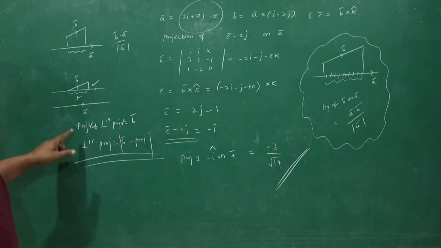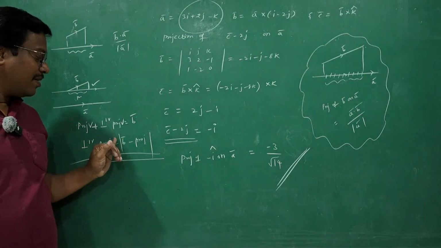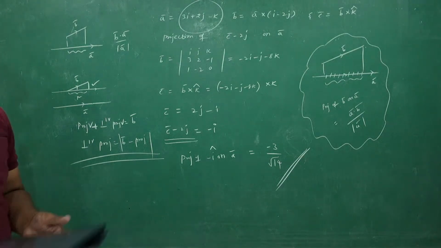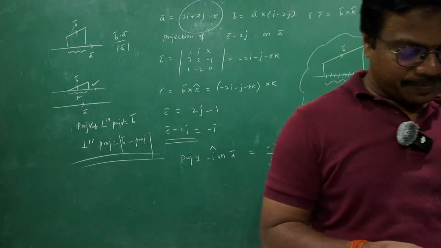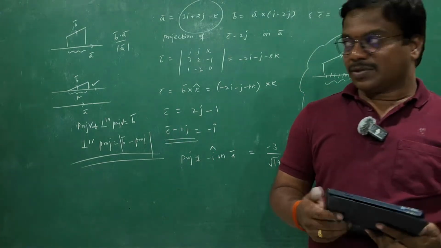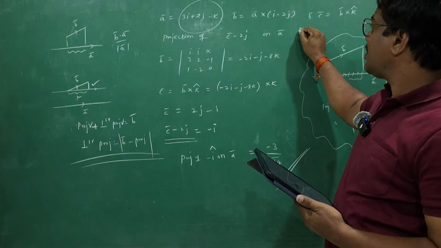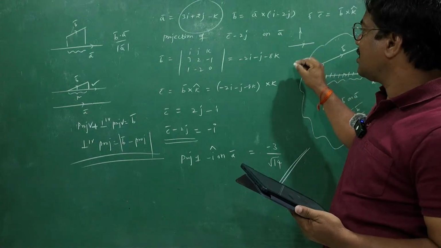So the perpendicular projection value is the length of B minus projection. Suppose two vectors are perpendicular, then what is the projection?